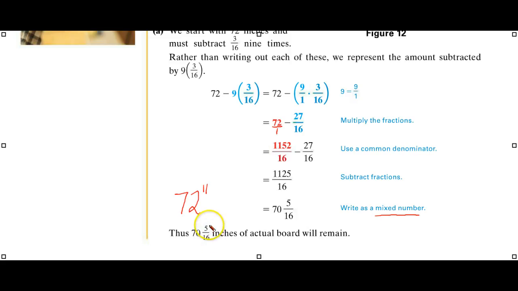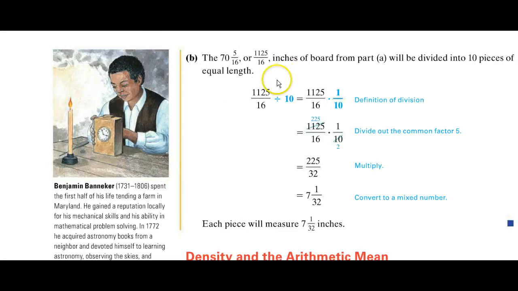So what will our equal 10 pieces be? Well, we would have to divide it by 10. And again, we change it to multiplication by taking the reciprocal of 10, which is 1 over 10. And we can cross-cancel a little bit.